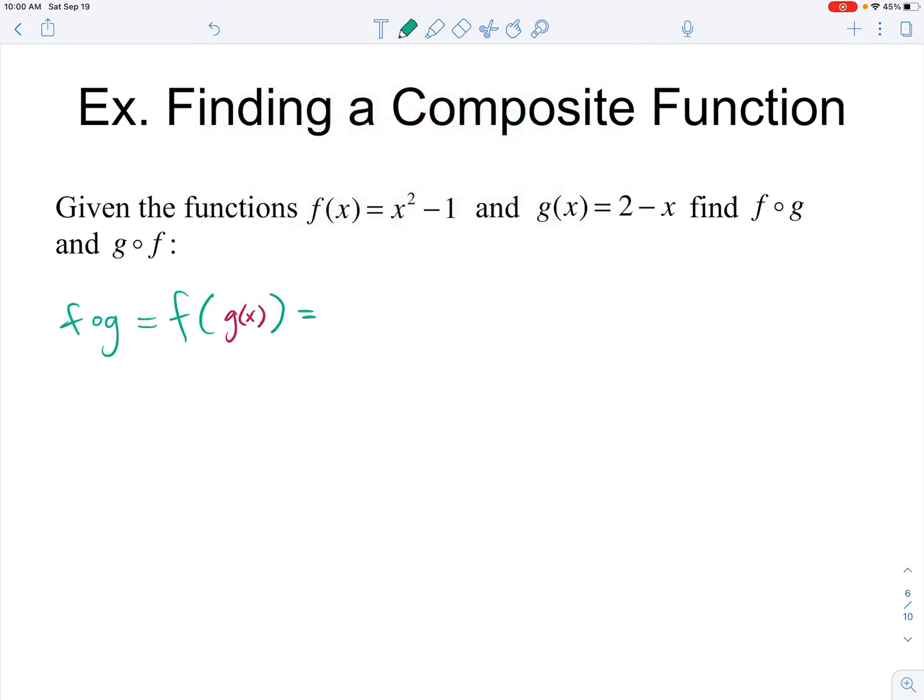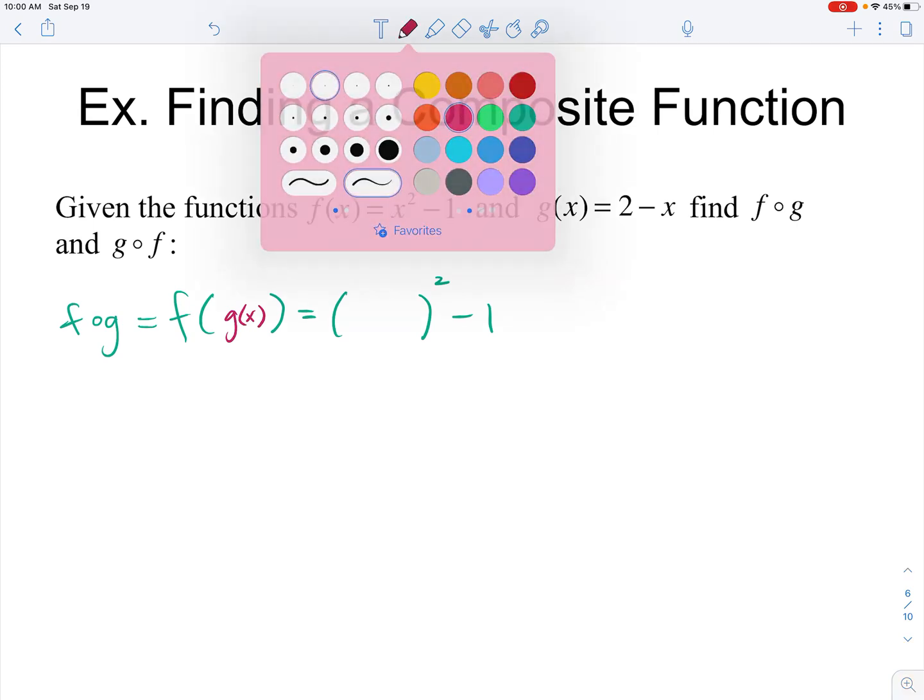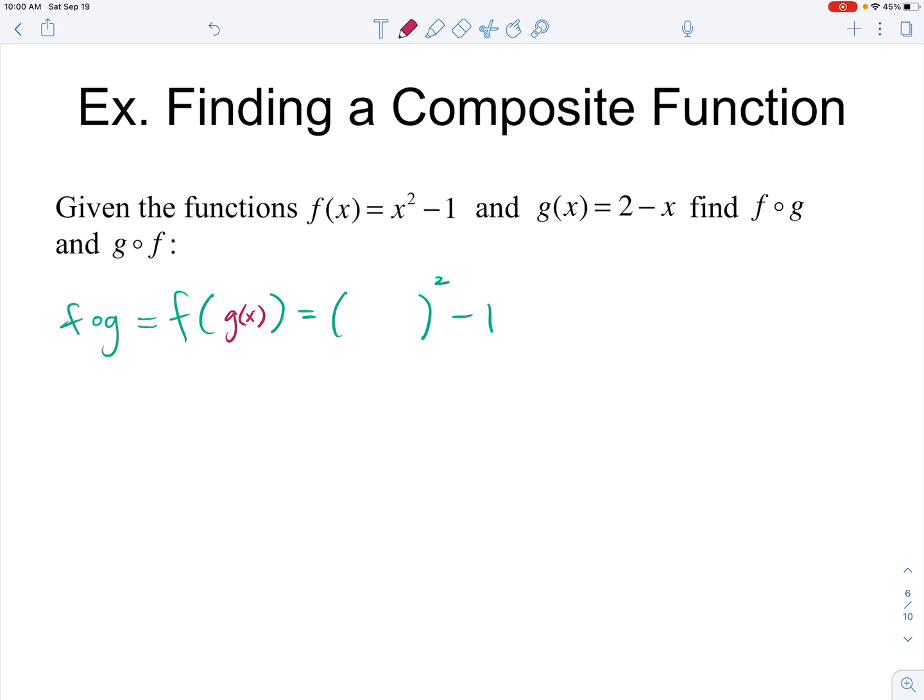So when coming up with these equations, I'm going to take the outside function, which is f, and I'm going to use parentheses around where I would want to place the x, and then I'm going to replace x with the equation for g of x. So I'm going to replace x with 2 minus x.